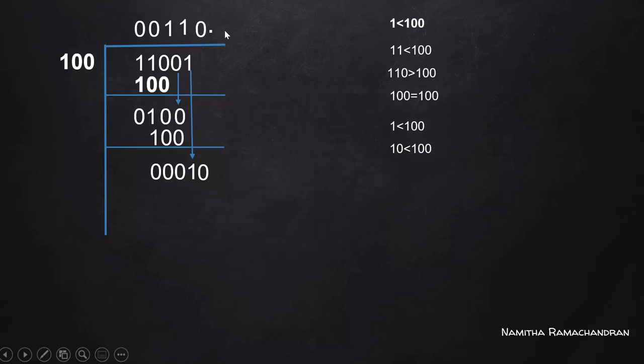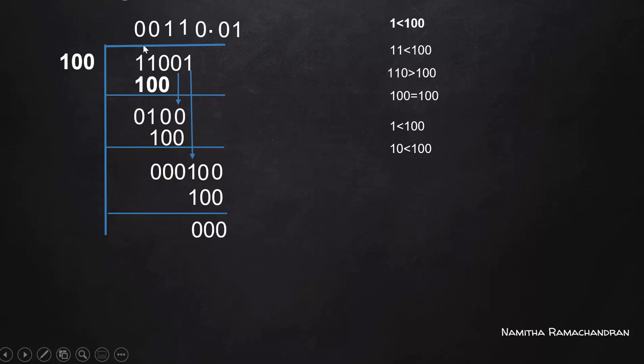So again we need to put a 0 here and combine one more 0 with the remainder, and this forms 100 now. So these two now become equal. So we can divide. So 1 into 100 is 100. We can subtract and get the remainder 0. Now we have completed our division.